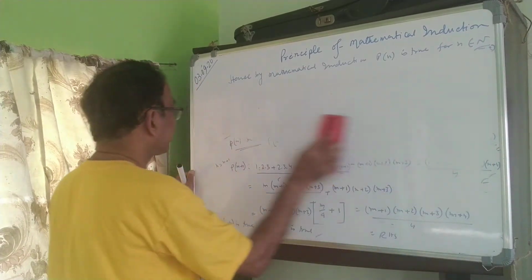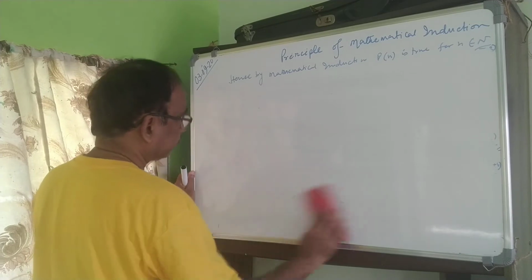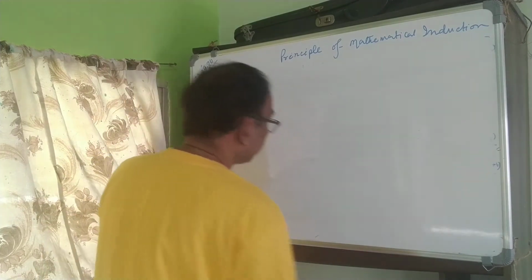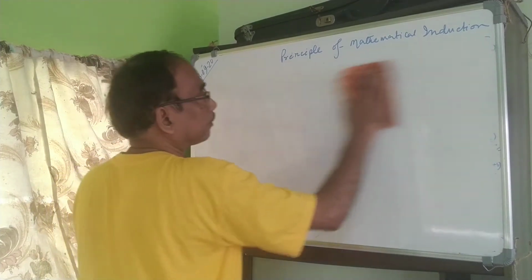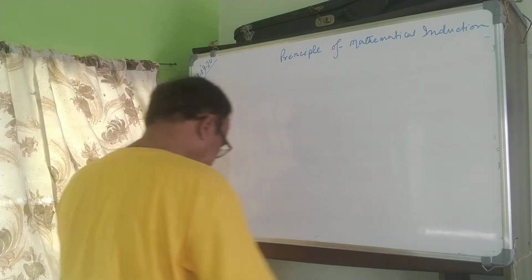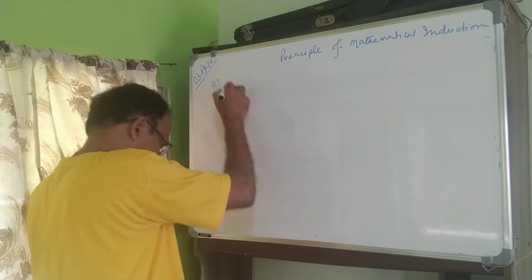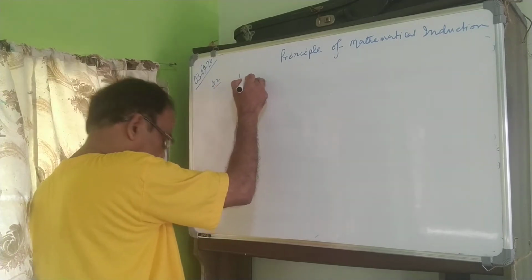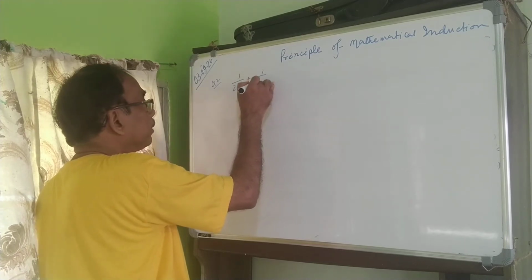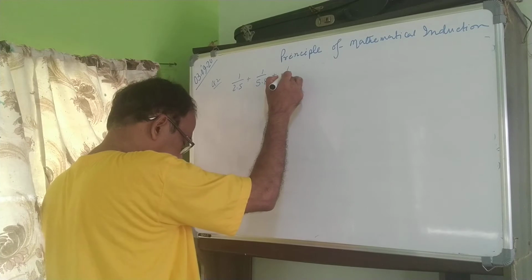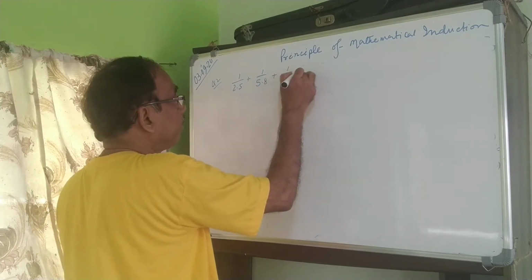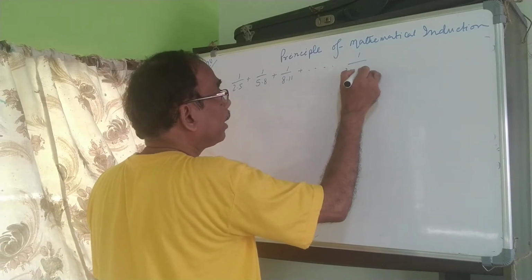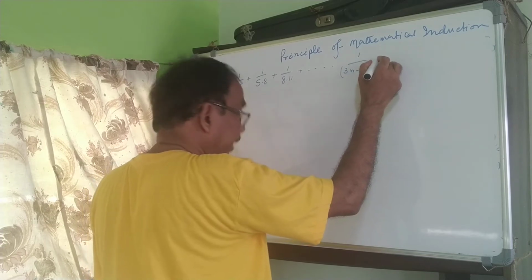Now let us do the next sum, question number 2. 1 by 2 into 5, plus 1 by 5 into 8, plus 1 by 8 into 11, plus dot dot dot, 1 by 3n minus 1 into 3n plus 2.